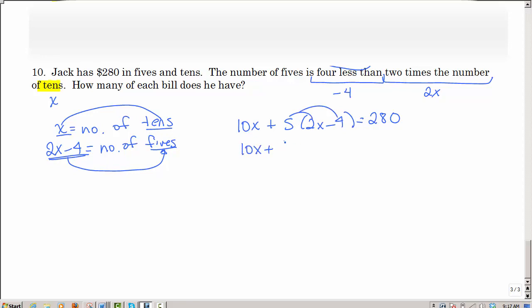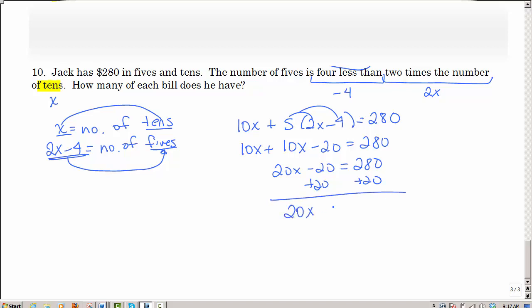So again, distributing, collecting like terms, adding 20, and not stopping.